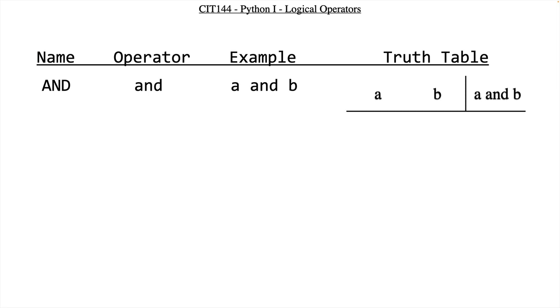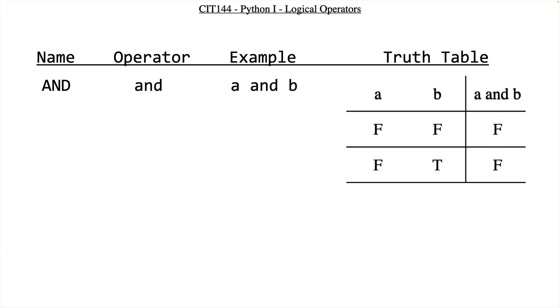We'll go through the combinations for two variables which can contain two values. There are going to be four combinations. The first combination is false, false, which evaluates to false. The next combination of A and B is false and true, which evaluates to false.